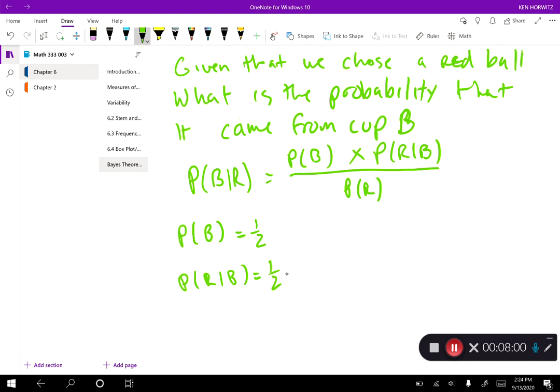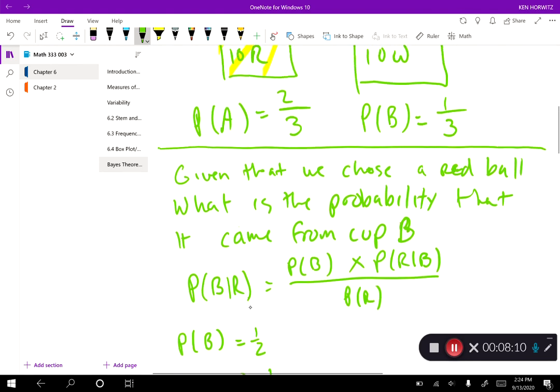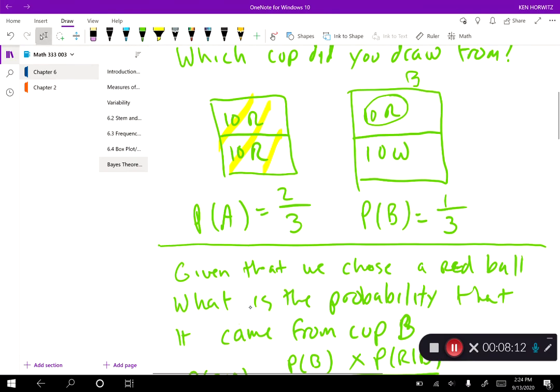All right, and now we need the probability that we're choosing a red for our denominator. Let's go back to our picture and take a quick look. So how many red balls do we have? We have 30. How many total balls do we have? That is 40. And if we simplify this, it equals 3/4.